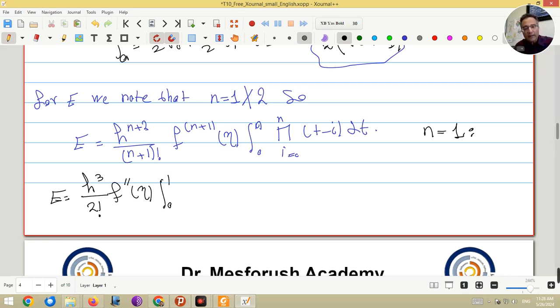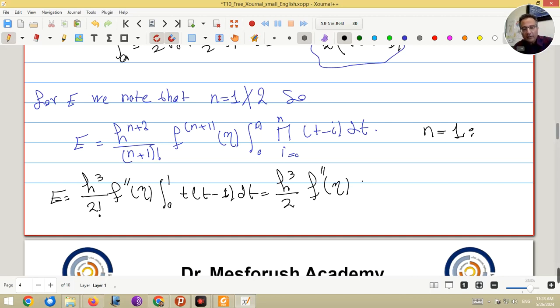And this product is from 0 to 1, so I have just t times (t minus 1), right? dt. I keep h cubed over 2 f double prime at eta and compute this integral.